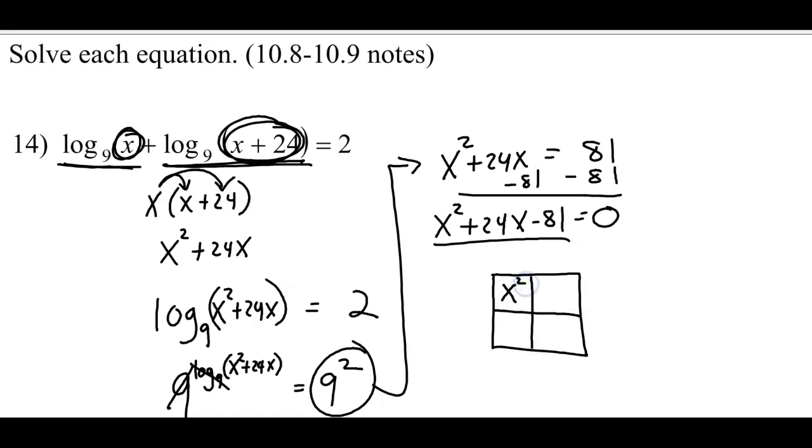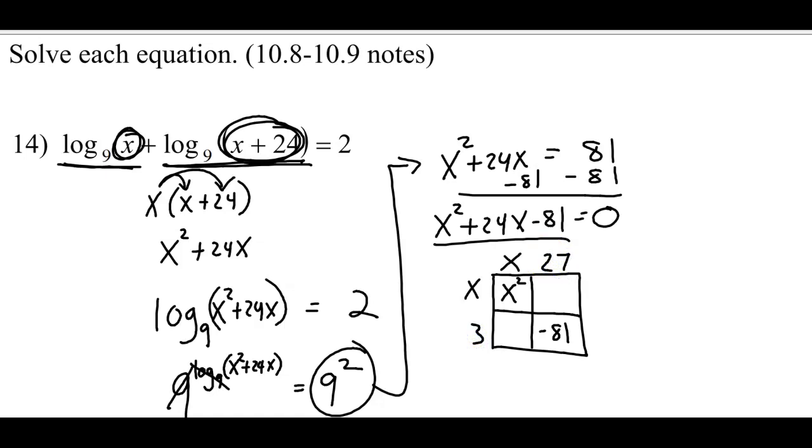First term here, last term here. We're looking for two things that make x squared. That would be x and x. We're looking for two things that multiply together to make 81. Now, you're probably thinking 9 and 9, but I'm already pretty certain that's not going to work. Let me think here. How about 27 and 3?